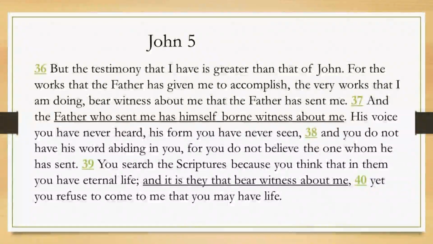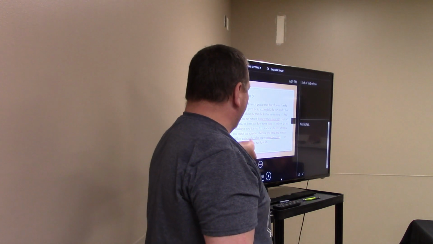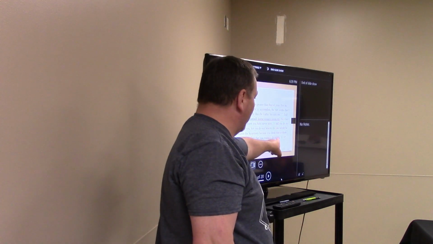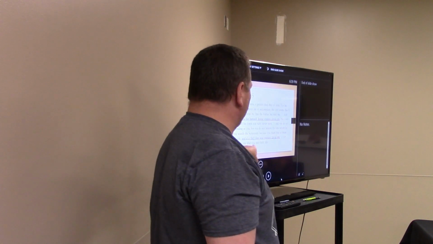And the Father who sent me has himself borne witness about me. And in verse 39, he's talking to the religious leaders. You search the Scriptures because you think that in them, in the Torah, you have life. And it is they that bear witness about me. Yet you refuse to come to me that you may have life.